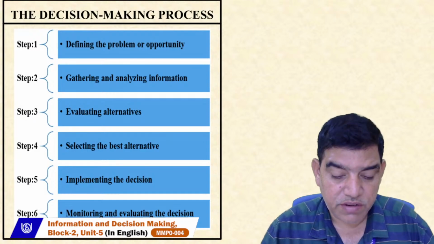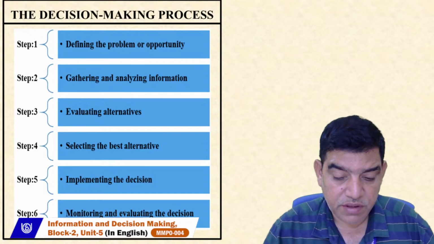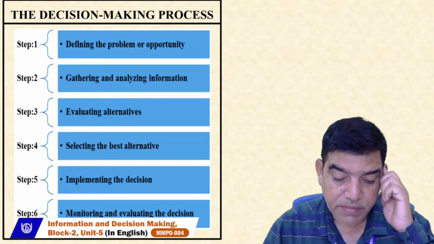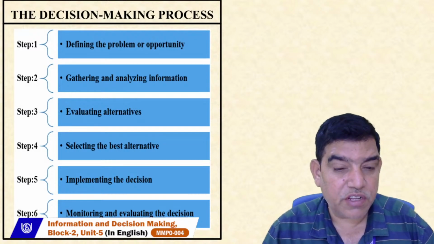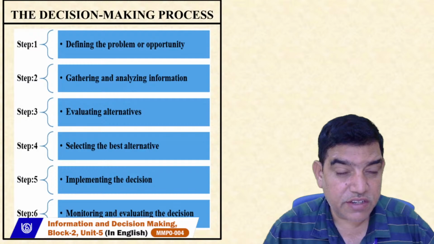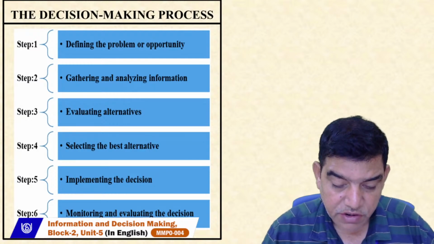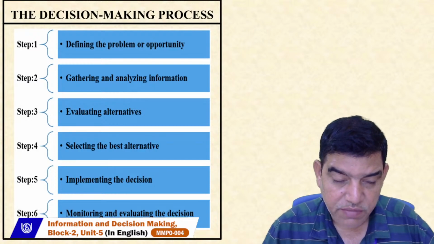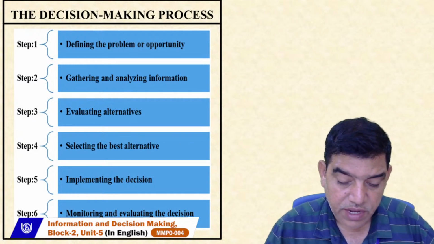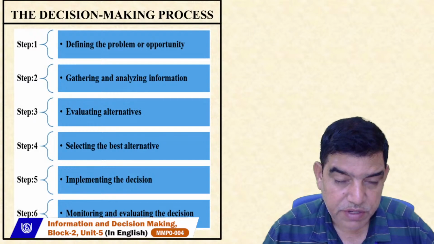So what is the first one? First point here, defining the problem or opportunities. Identifying specific problems or opportunities. And the second point is understanding the context. Third point is establishing goals and objectives. And the fourth point is information gathering.